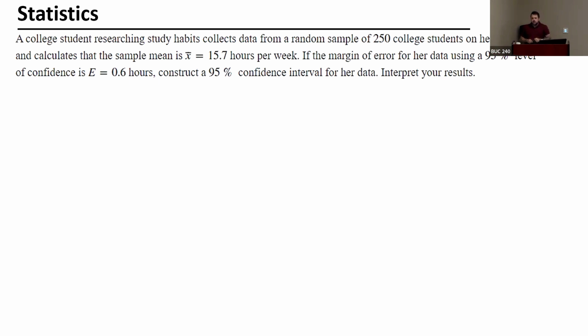Okay. This one's easy because guess what you didn't have to find? You didn't have to go looking for E. They gave it to you right there. They said E is 0.6 hours. They also gave you the mean of 15.7. So if my x bar is 15.7 and my E is 0.6, how do I find that margin?